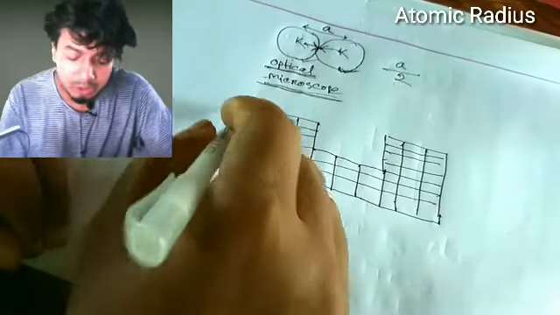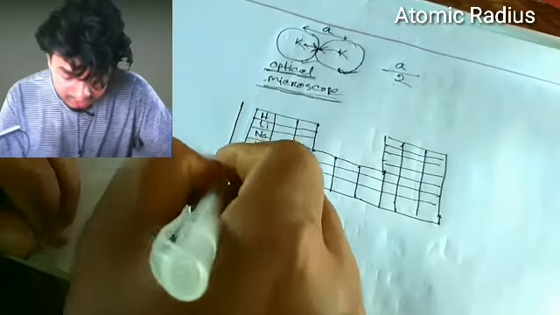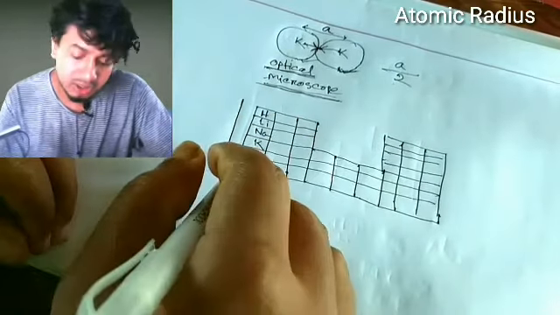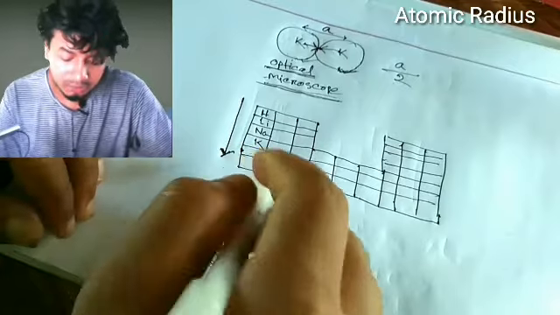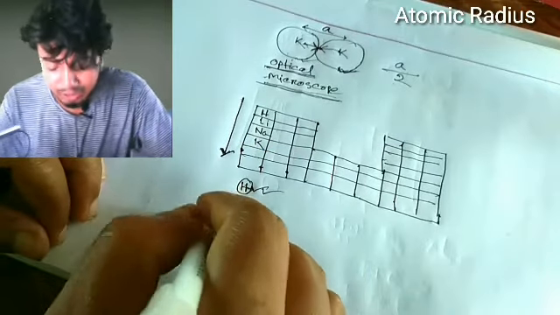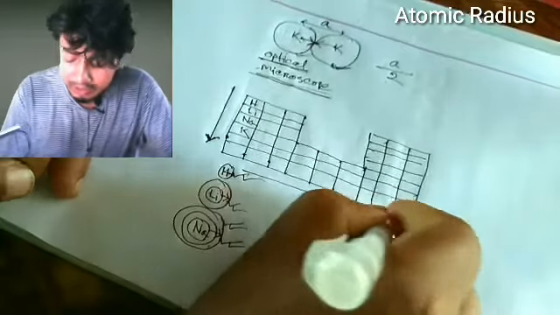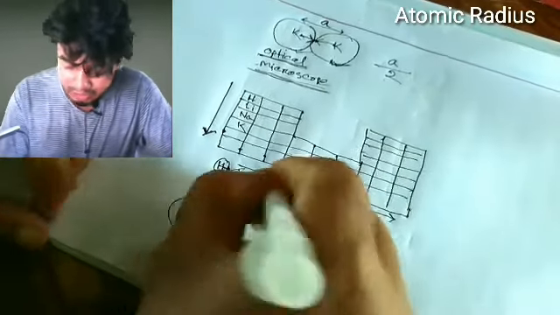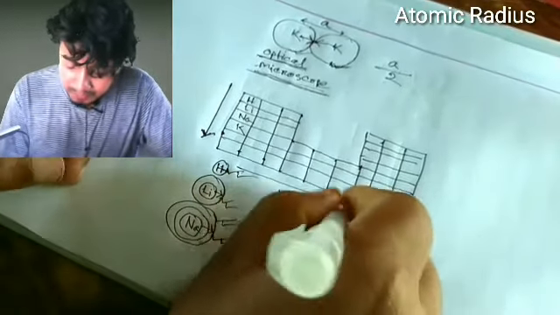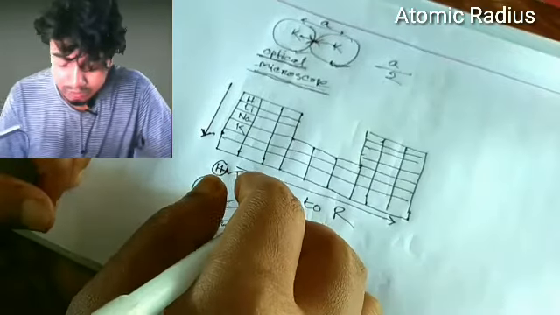So if you go down a column, you will get an atom with a bigger atomic radius, and if you go from left to right in a period, you will get a smaller atom.